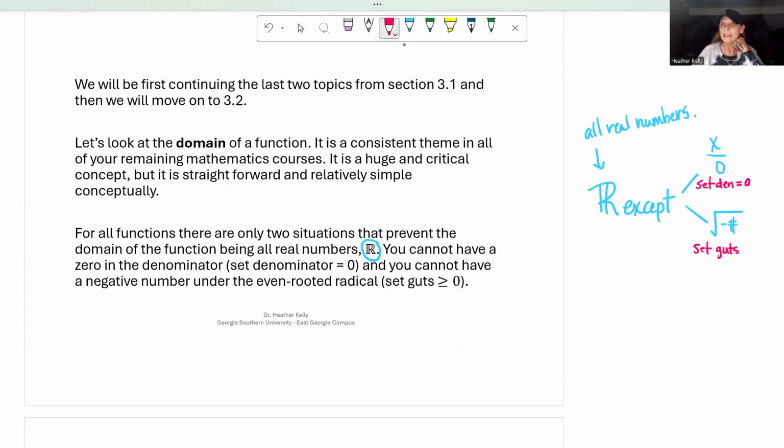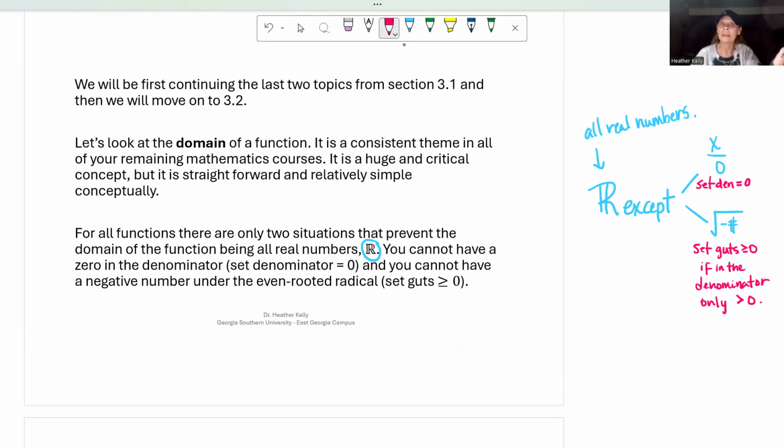The radicand is the guts, and we set that greater than or equal to zero. And if in the denominator, only greater than zero, because it can't be equal to zero in a denominator, okay? So these are the rules. This is what we're going to stick with.